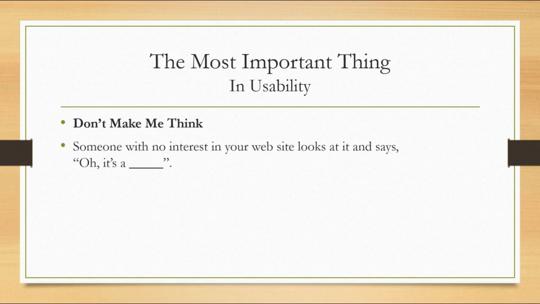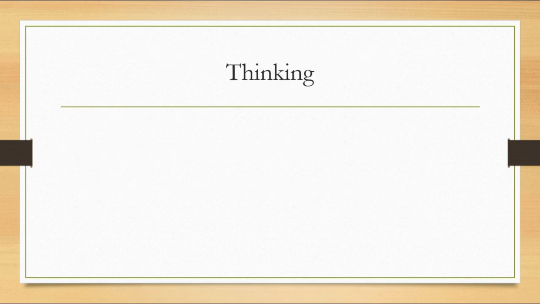So it should be obvious to them. They don't want to have to try to guess what it is you're trying to do. They should also be able to say, okay, there's the navigation, and there's the specials, and here's how I check out, and here's how I add to my cart. Everything should be obvious from the beginning.